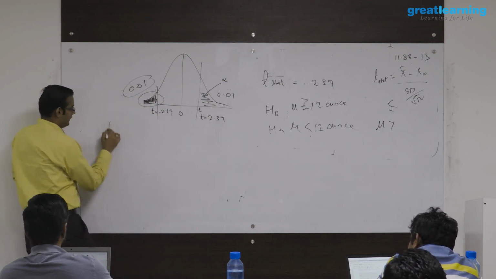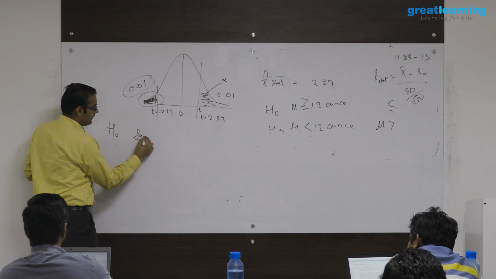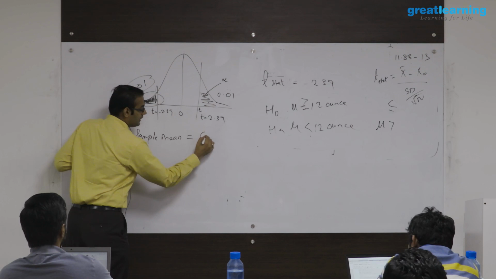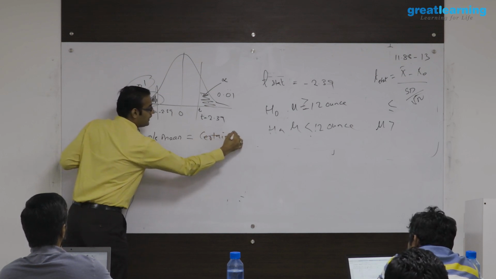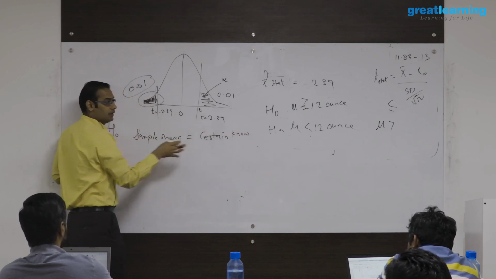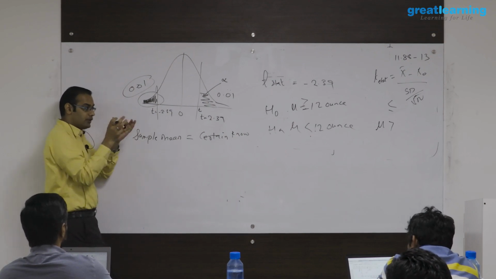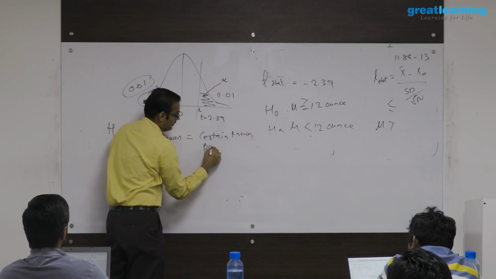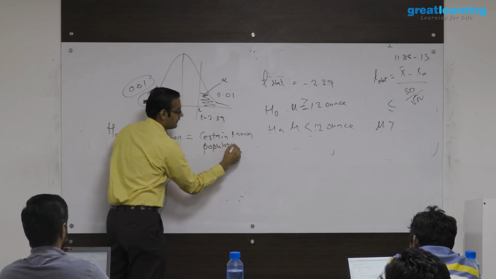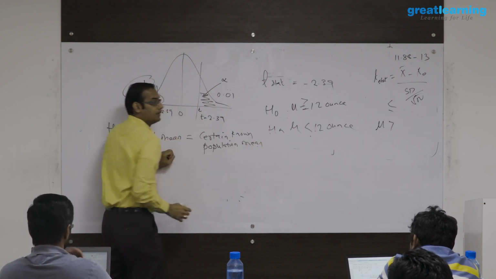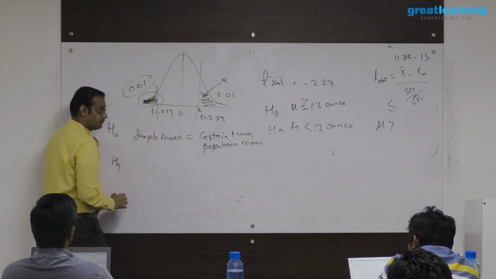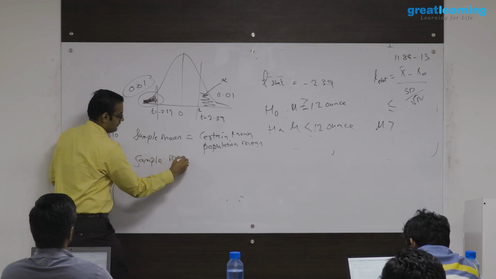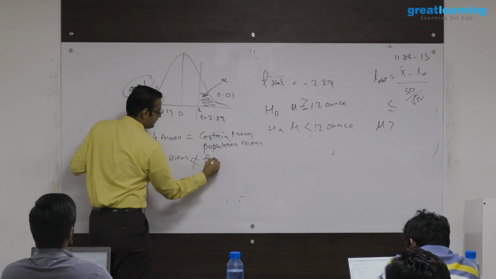So the null hypothesis is sample mean equal to a certain known mean, because that is the null hypothesis in a t-test. You take a reference point, and this reference point is the population mean. The alternate is sample mean not equal to population mean.